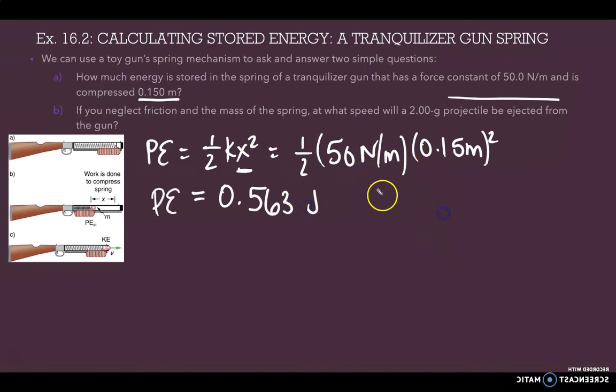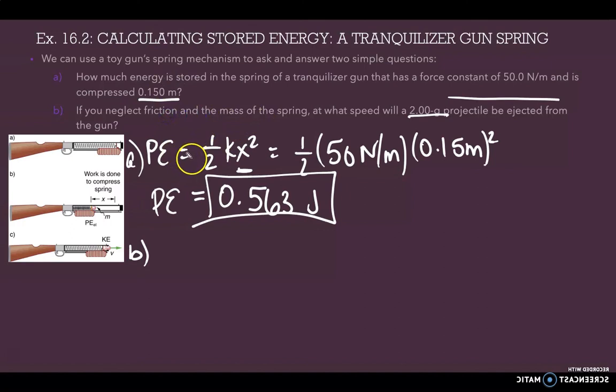Okay, remember that energy is in joules. Okay. Now, again, this is for part A. Now, if I'm looking at part B, if you neglect friction and the mass of the spring, at what speed will a 2-gram projectile be ejected from the gun?